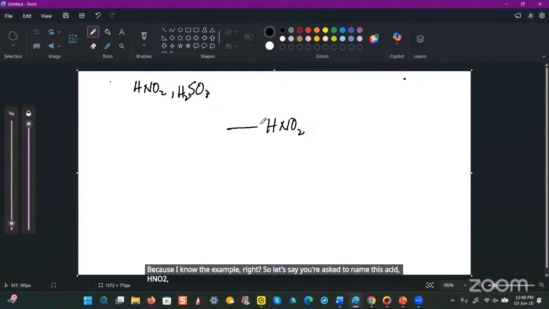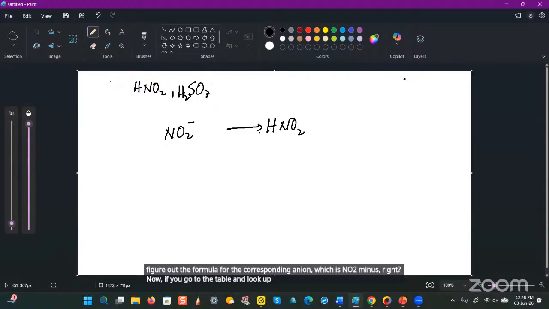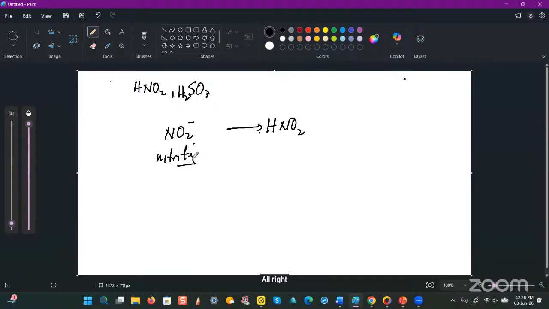Just like in the case of the ones that we looked at earlier, we figure out the formula for the corresponding anion, which is NO2 minus. If you go to the table and look up the name of this particular anion, it is called the nitrite ion. So the ending here is not ATE, but ITE.